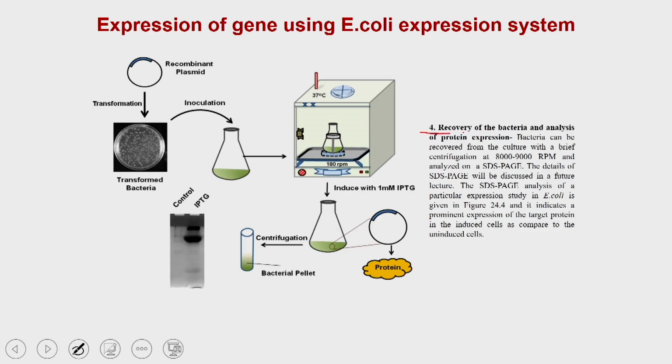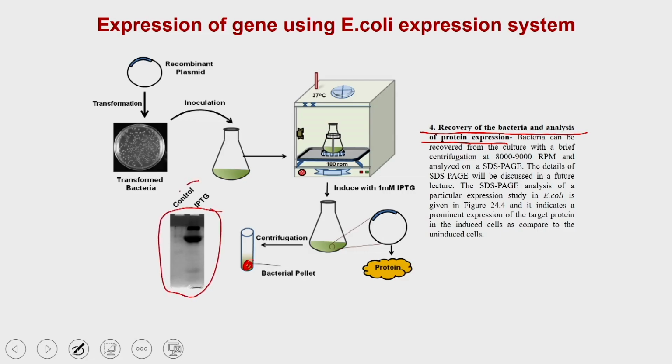Then you will recover the bacterial cells simply by centrifugation. That gives you a bacterial pellet, and you can lyse that pellet with SDS as well as other kinds of detergents, and then analyze it on SDS-PAGE.